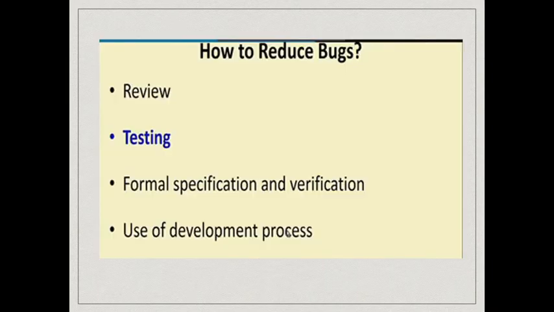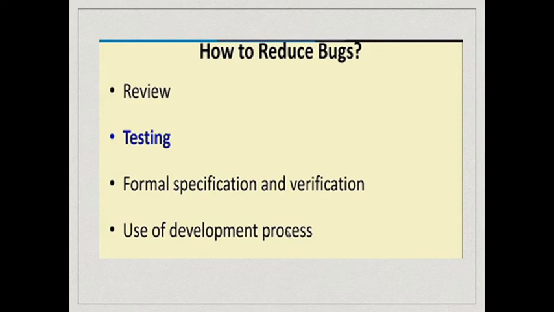So assume that the best programmers make mistakes and they lead to bugs in the code. How do we reduce these bugs? Because finally we have to give good software to the customer. There are many techniques to reduce bugs. One is review. We can do a specification review, design review, or code review, and that is a very effective way to reduce bugs.